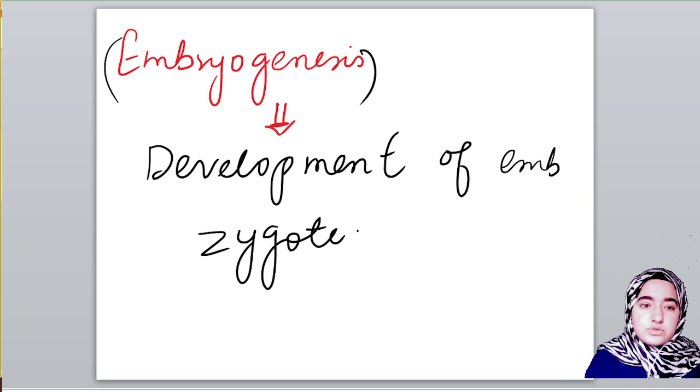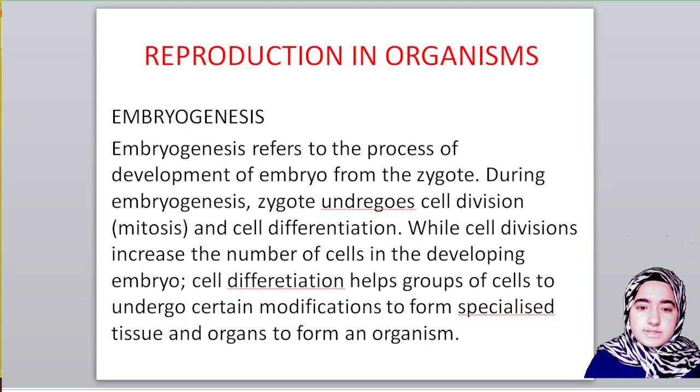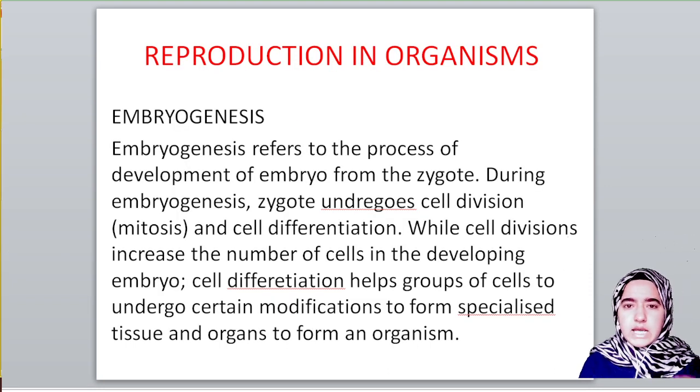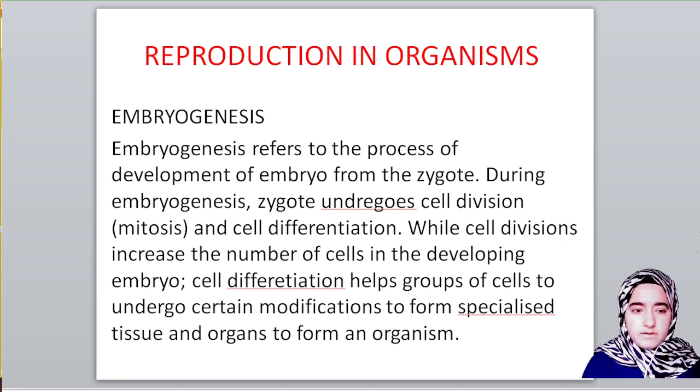So we can say the development of embryo from zygote is known as embryogenesis. I already mentioned what cell division is, what kind of cell division will take place. It will be mitosis, not meiosis. Please remember, please note this. And the zygote will also undergo cell differentiation. Okay, very nice.